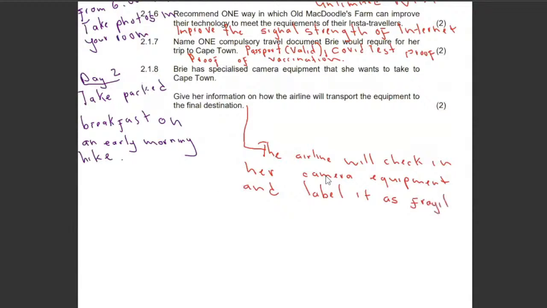So the first thing, the airline will check in the camera equipment and label it as fragile.